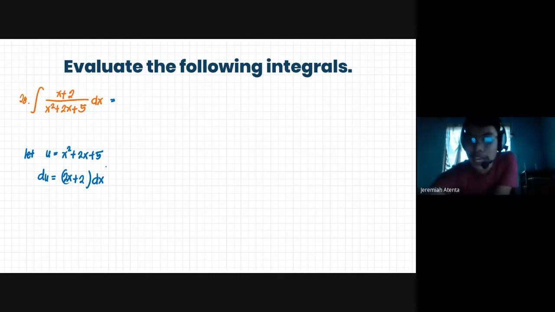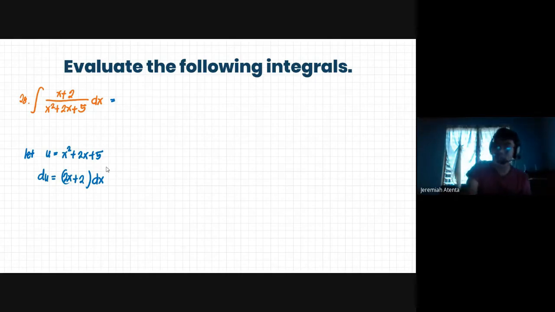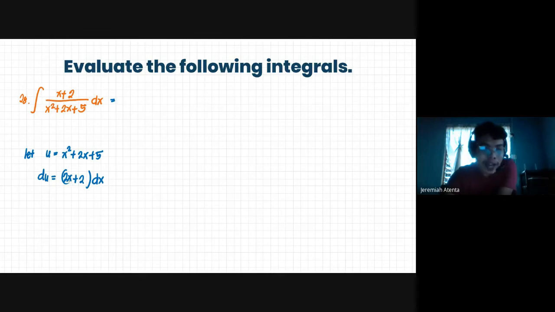Okay, in this case, we can factor out 2, so you will have du equal to 2 times x plus 1 dx.